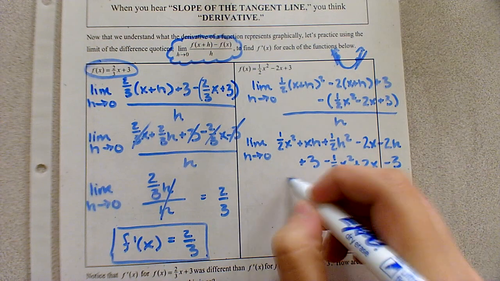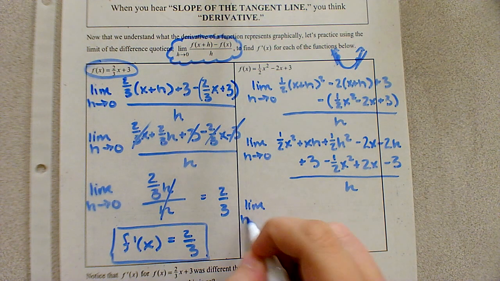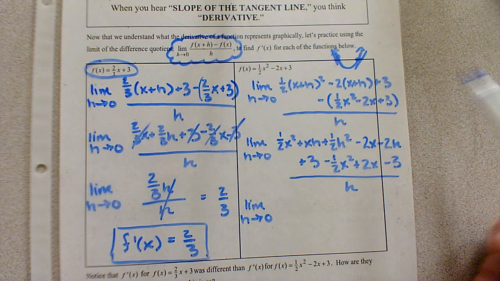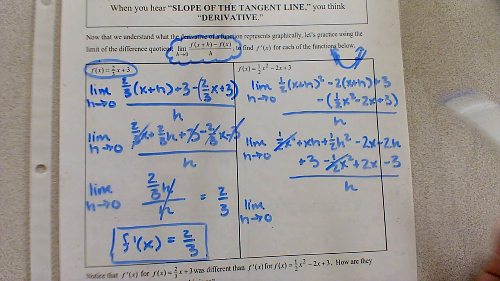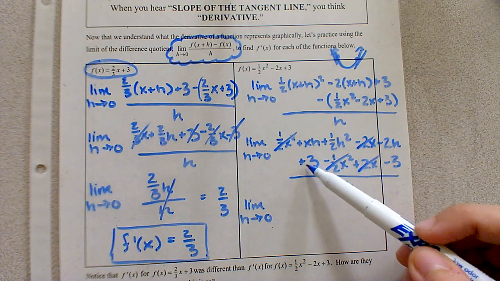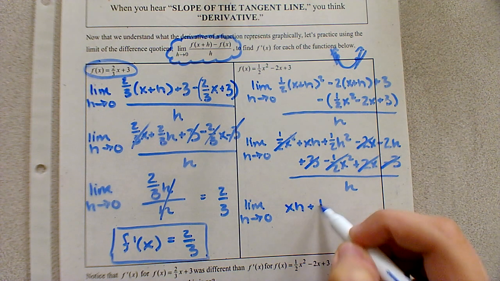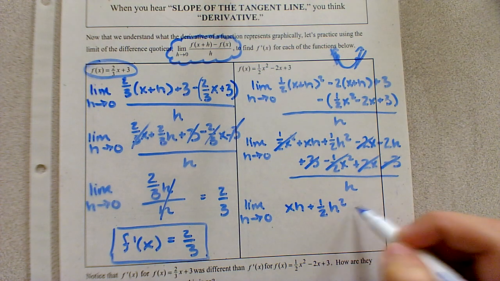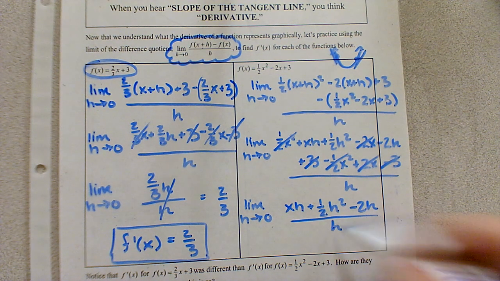So very similar to the other example, a lot of terms should cancel out, and we'll see what we're left with. So positive 1/2 x squared, negative 1/2 x squared are gone. Negative 2x, positive 2x, positive 3, negative 3, all those are gone. So we're left with xh plus 1/2 h squared minus 2h all over h.